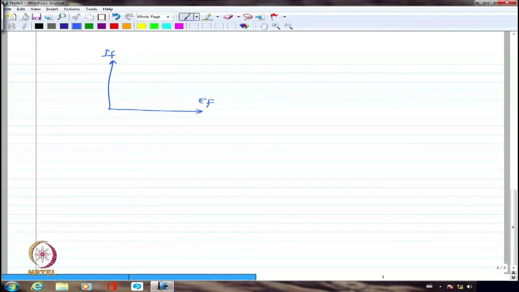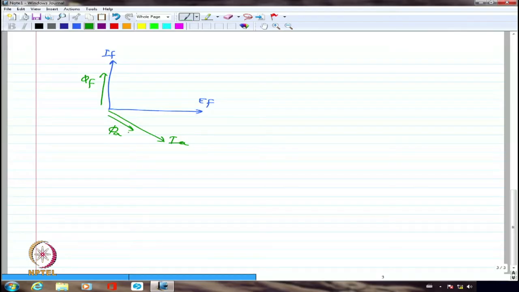It may be lagging behind at some other angle if it is an inductive load. So if my IA is somewhat like this, then please note phi F is here, phi A may be somewhere here, depending upon the reluctance offered and so on.